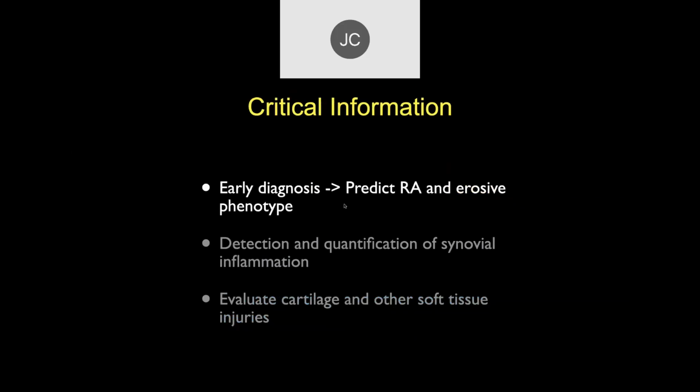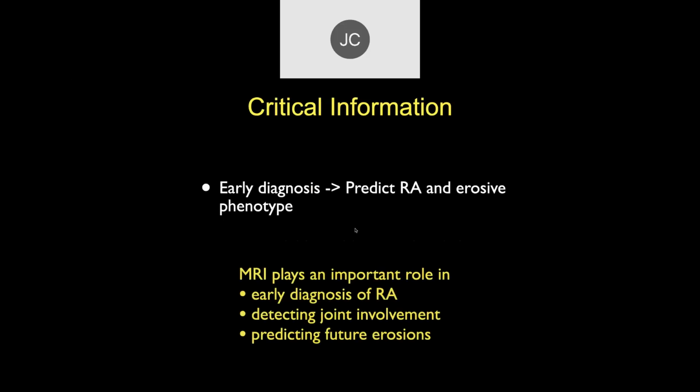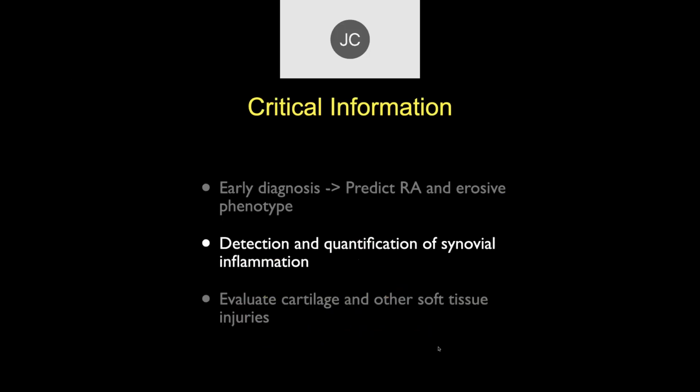So after 2010, 2011, we actually had a criteria for making the diagnosis of rheumatoid arthritis early enough that we had the possibility of actually treating the disease and minimizing irreversible changes. So you need early diagnosis, and MRI can be helpful with that. MRI plays a role in early diagnosis, detecting joint involvement, and also predicting future erosions.